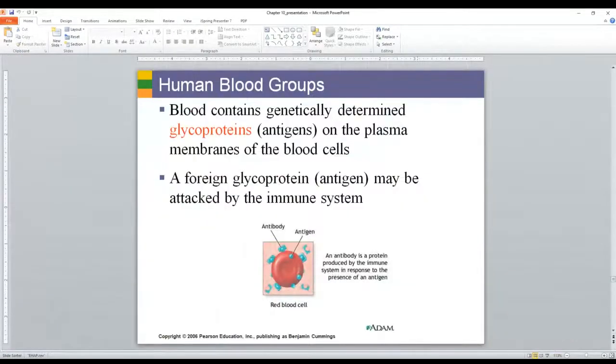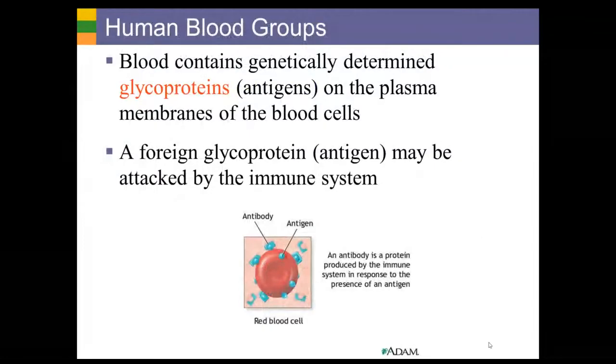Let me talk about what an antigen is. If you recall, when we talked about cells back in the Cells and Tissues chapter, we mentioned that there are glycoproteins embedded in the phospholipid bilayer of the plasma membranes of cells, and that some of those glycoproteins act like "hello, my name is" stickers, so that your cells can recognize your self cells versus foreign cells.